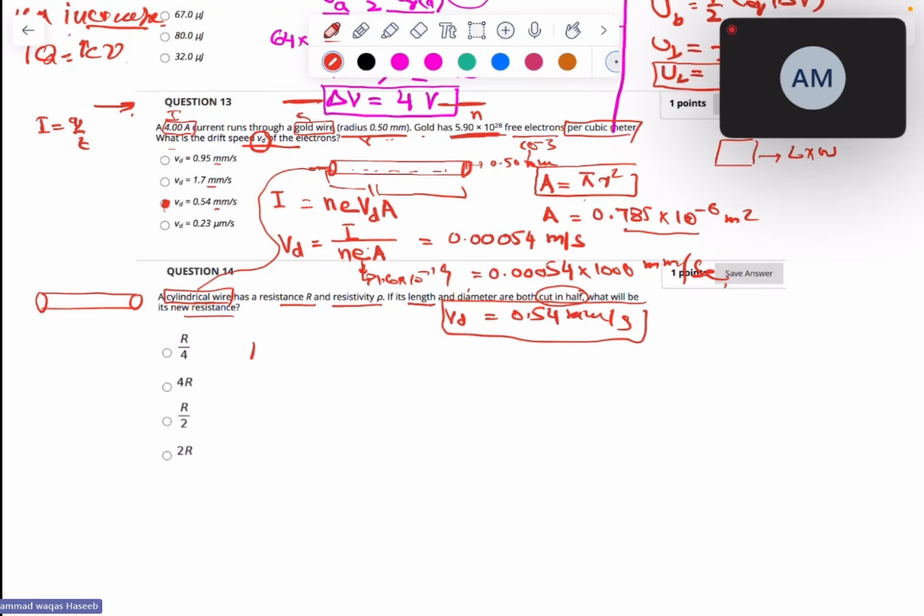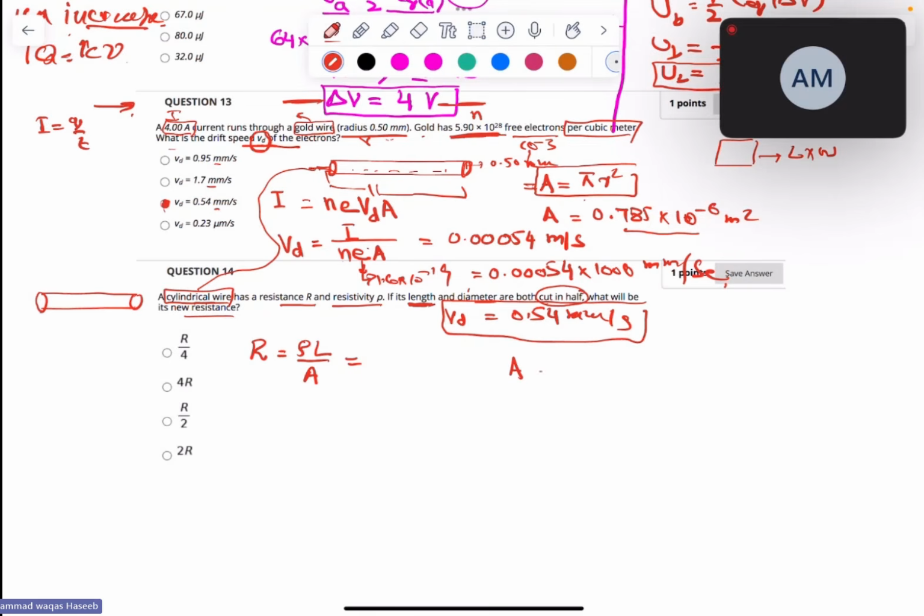So the formula for the resistance of a wire is rho, which is resistivity, times the length of the wire, over the area of the wire. Okay. So now R. Both the length and the diameter change. I told you that this is a wire and the area of the wire is like this.